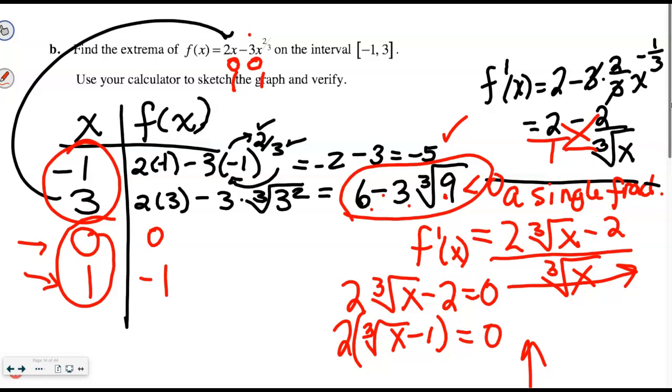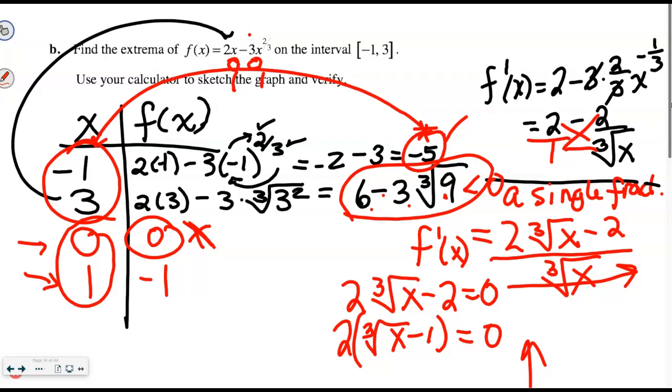So that's what I mean. If you get one that's kind of messy and you're like, well, I don't know what that is, it'll be easy to compare it to the others. It's going to go slightly negative. So this will be my max right here. And it won't go this negative because the cubed root of 9 is going to be really close to 2. So if you had to write it out, you would say an absolute min of negative 5 at x equals negative 1.